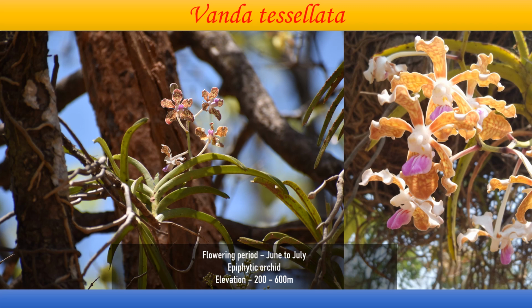And in India, you can find this particular Vanda tessellata in many parts of India. So in Assam, Nagaland, Tripura, Arunachal Pradesh, Sikkim, West Bengal, Uttarakhand, Andhra Pradesh, Odisha, Goa, Gujarat, Karnataka, Kerala, Maharashtra, Tamil Nadu, and Jharkhand, and many other places where it is very common in India.